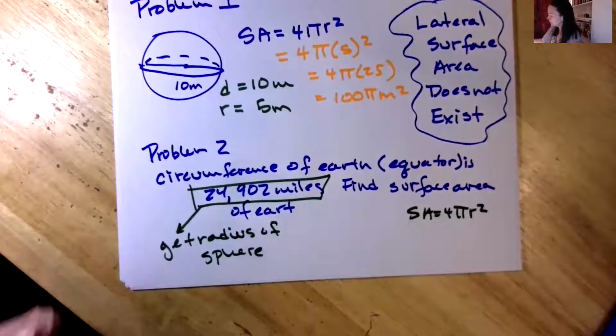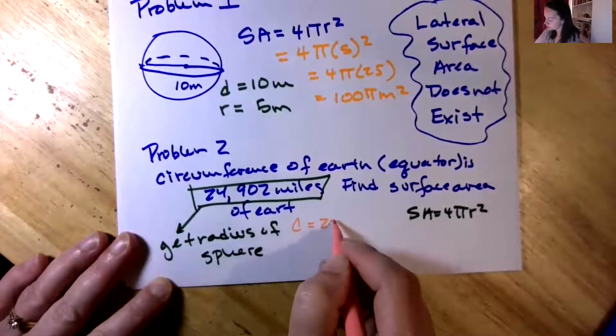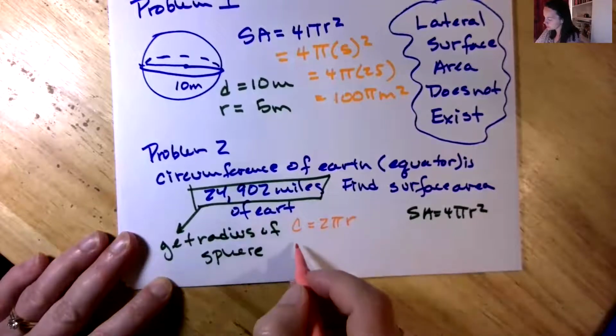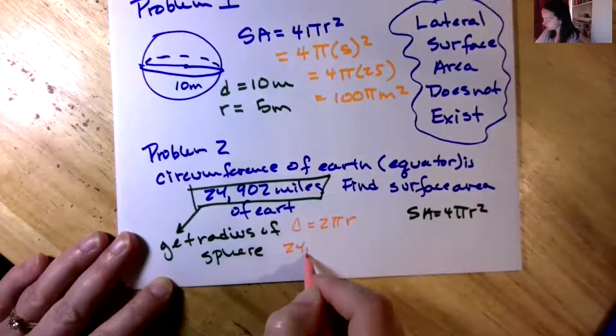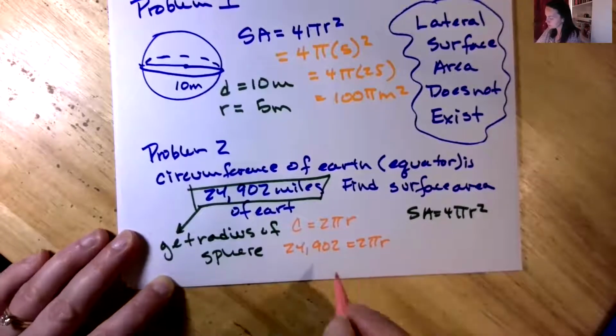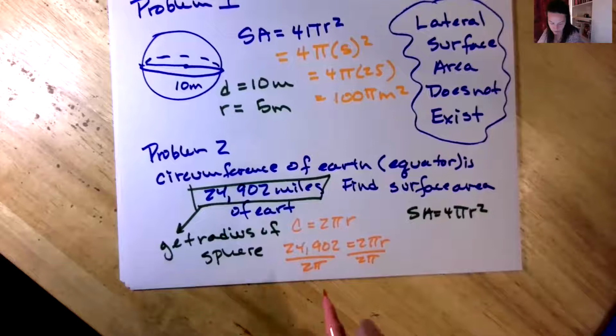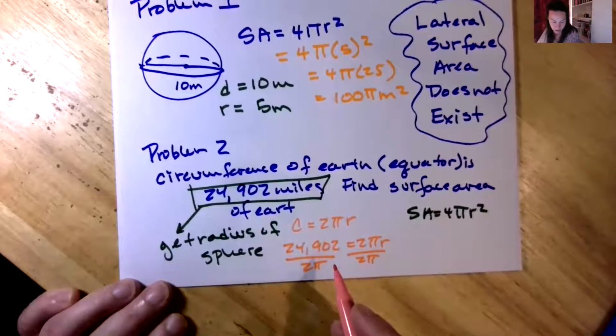Circumference is equal to 2 pi r. And so then we would say 24,902 equals 2 pi times the radius. Divide both sides by 2 pi. And we get 3,963.